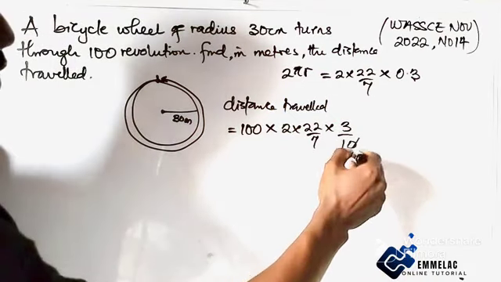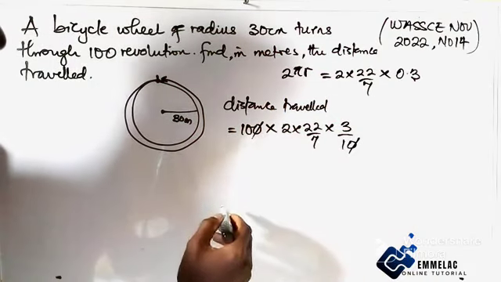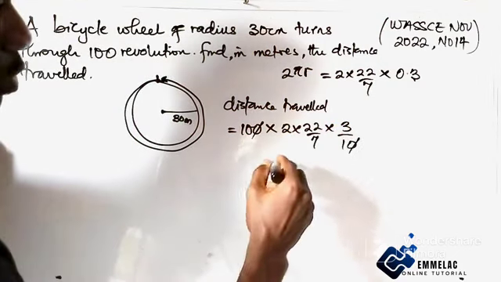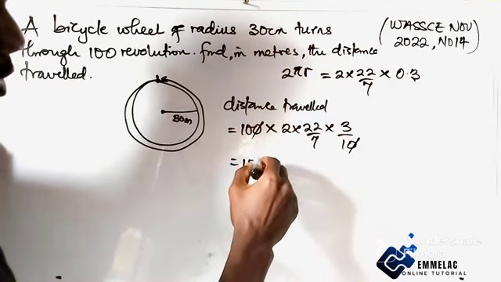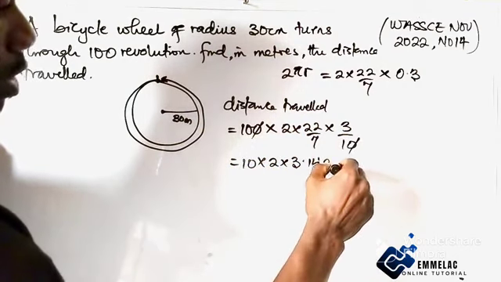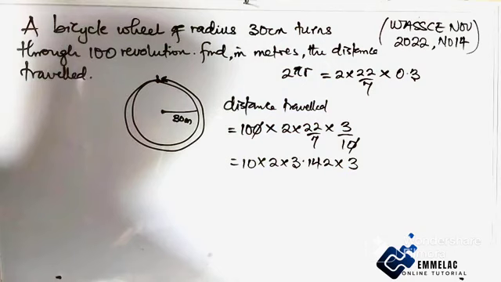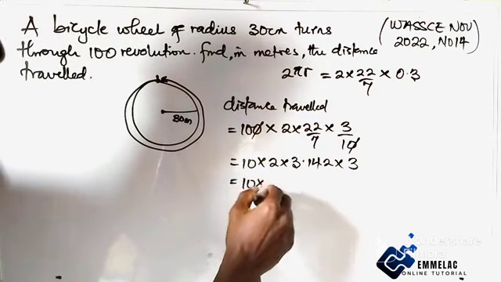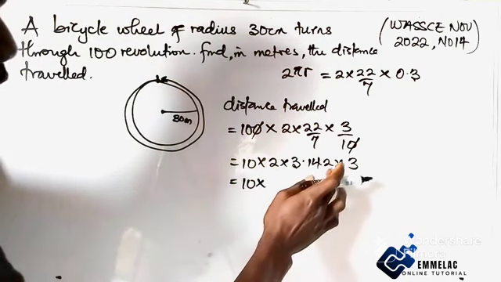Then we cancel this. We are left with 10 times 2 times 22 over 7 times 3.